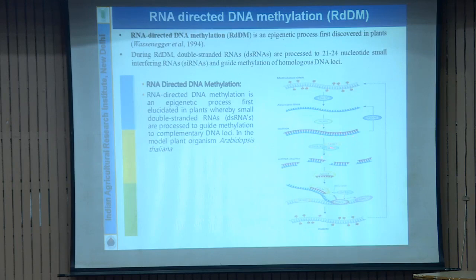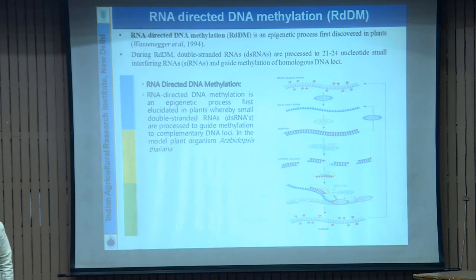That double-stranded RNA is cleaved into small RNAs which guide other proteins and molecules to do the methylation. These small round boxes are methylation at cytosine residues. So methylation of DNA is happening here because of small RNAs. Small RNAs guide some proteins to go to that location, bind to that DNA and do the methylation of DNA. So such a modification is RNA-directed DNA modification.